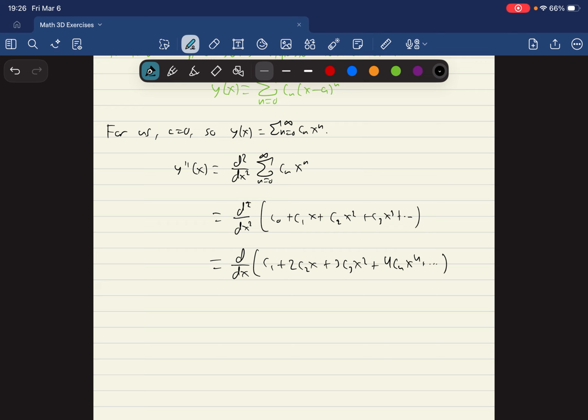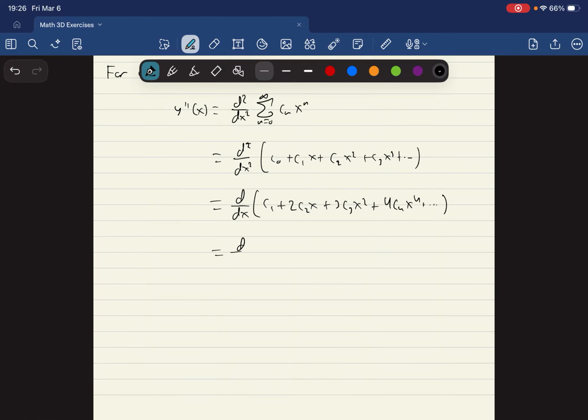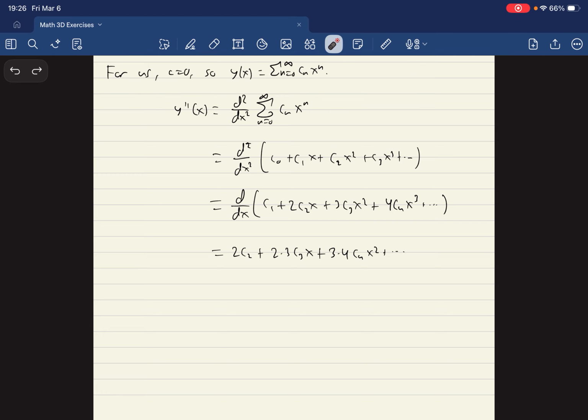I'm going to take another derivative, so this will be 2c_2 plus 2 times 3 c_3 x plus 3 times 4 c_4 x squared, on and on. So this went to 0, we took the derivative of each term.